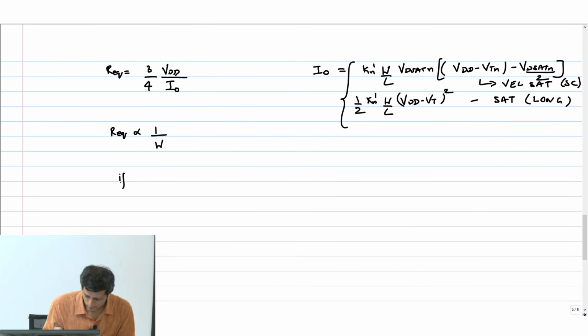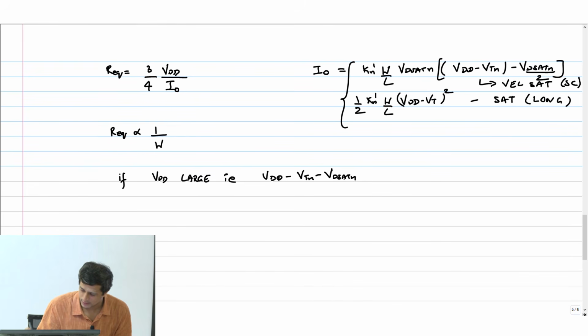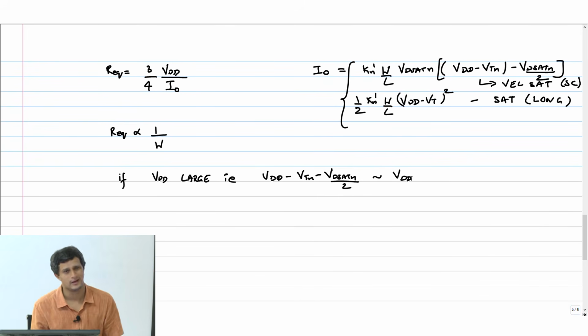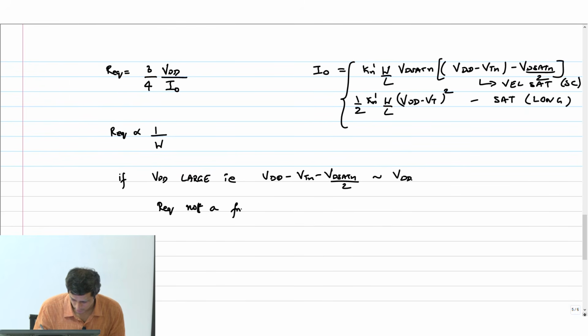So, if VDD is large, right? What does large mean? That is VDD minus VTN minus VD sat n by 2 is nearly VDD, right? This is just a first order thing to show you that R equivalent then is not a function of VDD.